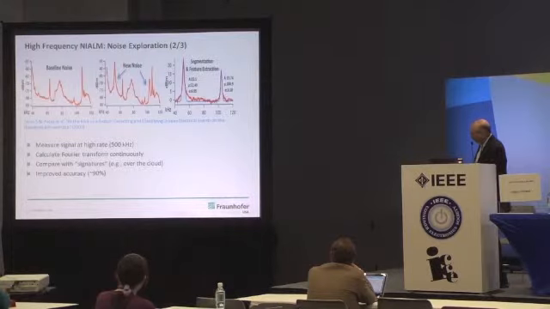This is approximately how the picture from the sensor would look. You have a baseline noise that shows some peaks for the appliances that are already in place. If you turn on another appliance, you will have additional peaks that could be characterized and used for identification of appliances.